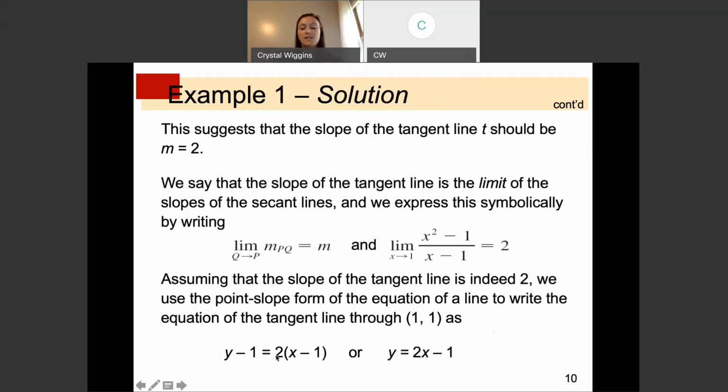We slap in the slope. You use your algebra to distribute the 2 throughout the parentheses, add this one on the other side to get your y equals mx plus b form of the line. So this tells us that this is our best guess for the tangent line based on the information we have. And it is very accurate because that's the exact equation for the tangent line.